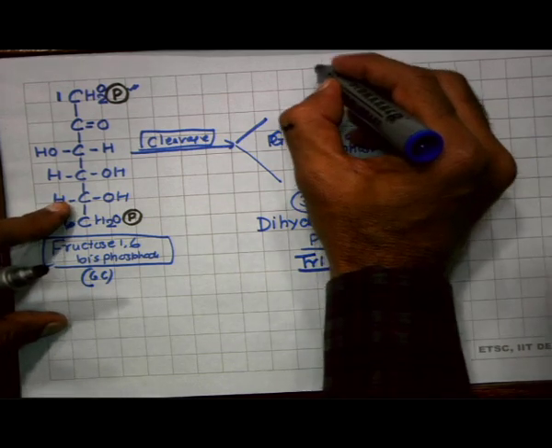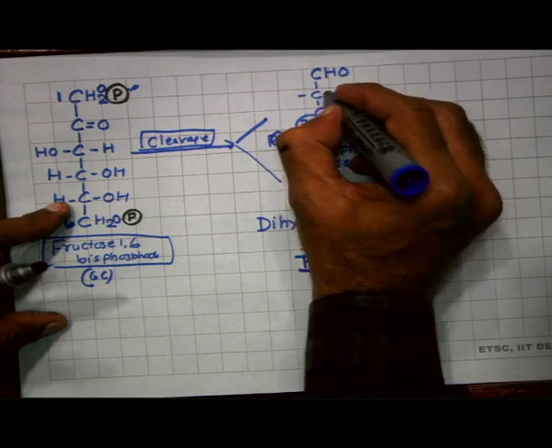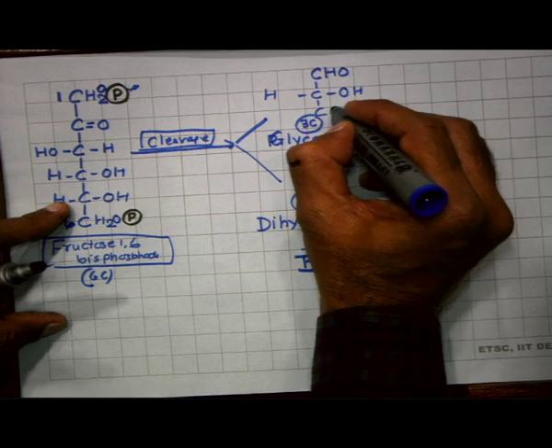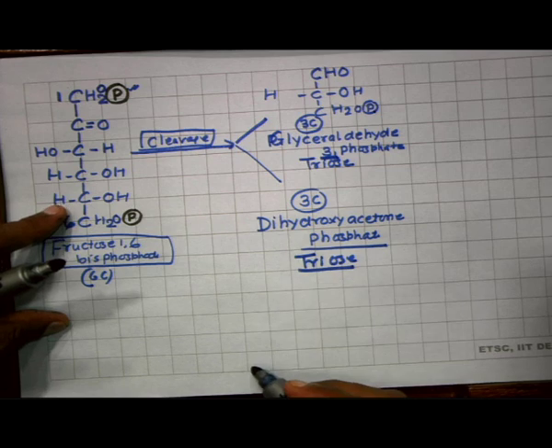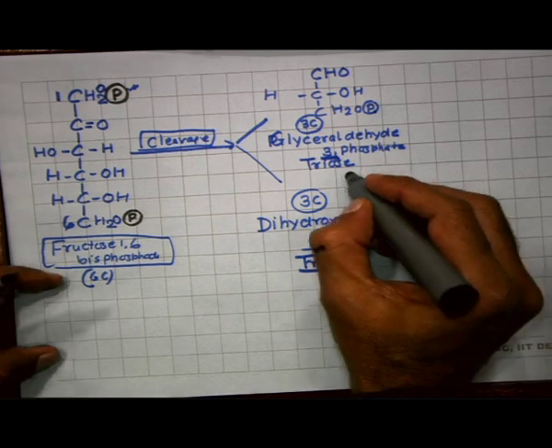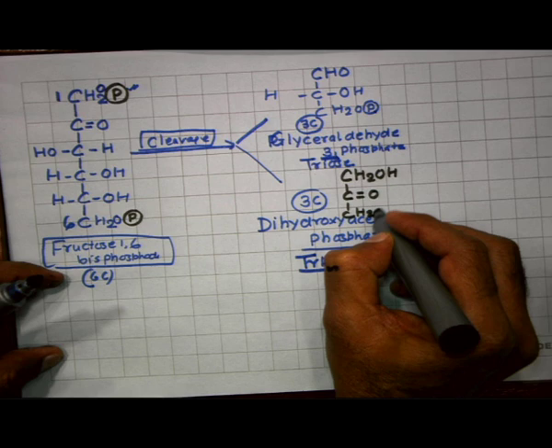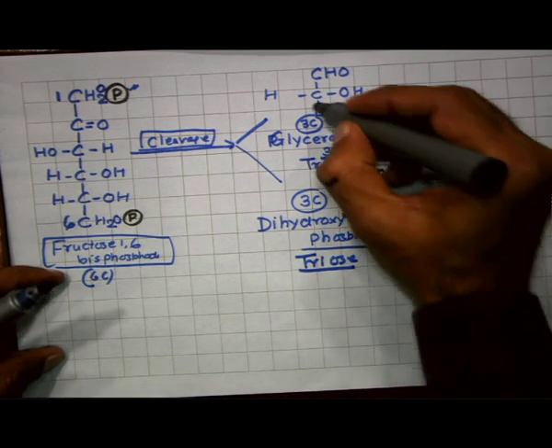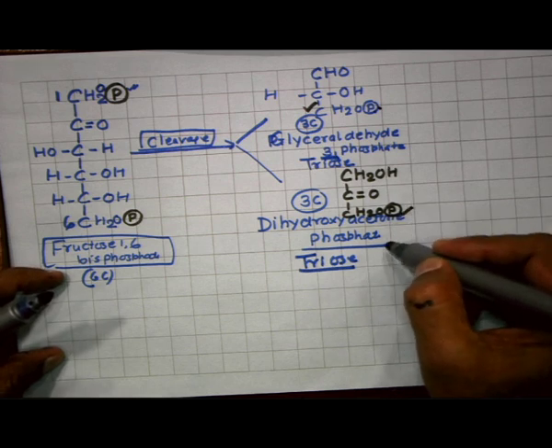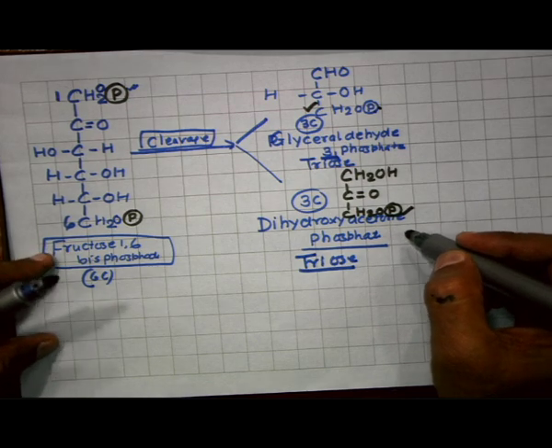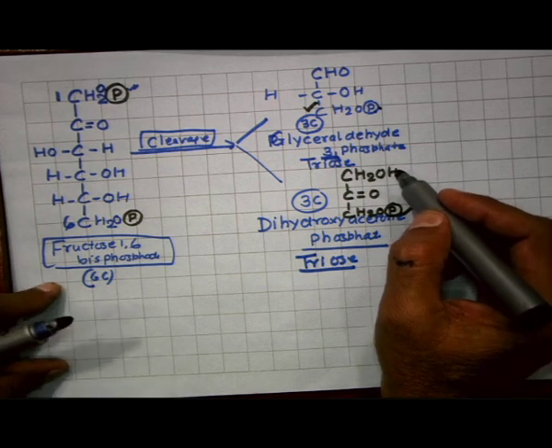So, it is converted into aldehyde. We can easily write the 3 carbons: the first carbon has the aldehyde group, the second one HOH, and the third one CH2OP, that is, at carbon 3 there is a phosphate group. The dihydroxyacetone phosphate can also be easily written as CH2OH, C double bond O, and CH2OP. Here a phosphate group is at carbon 3 in both glyceraldehyde 3 phosphate and dihydroxyacetone phosphate.